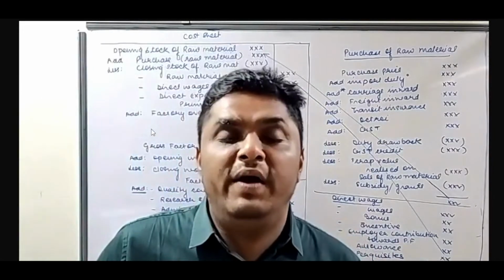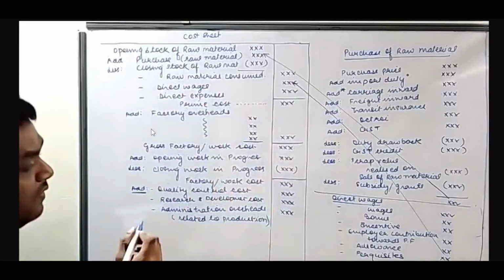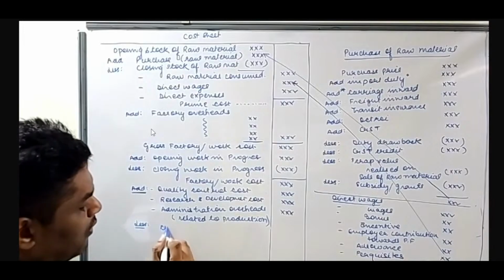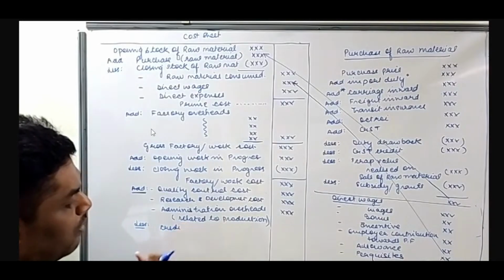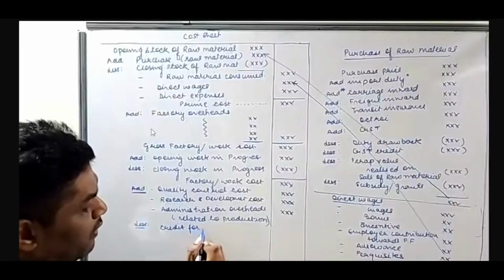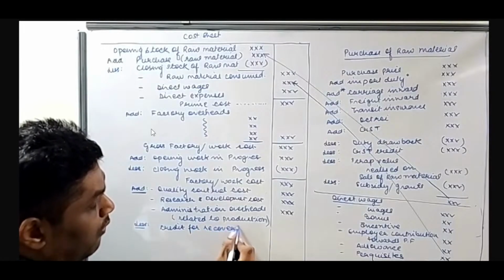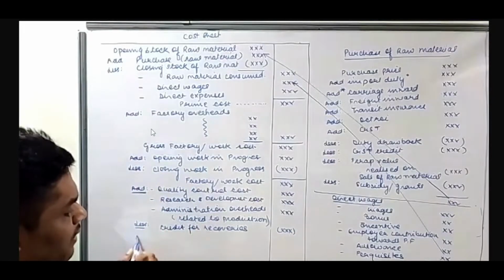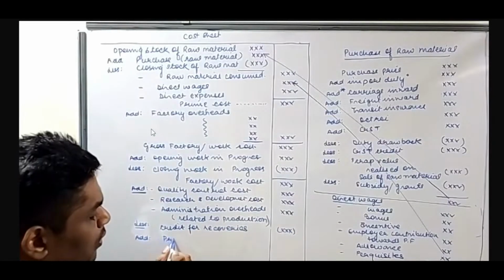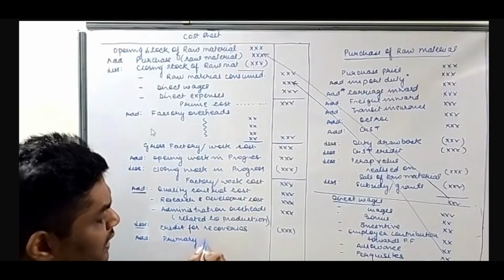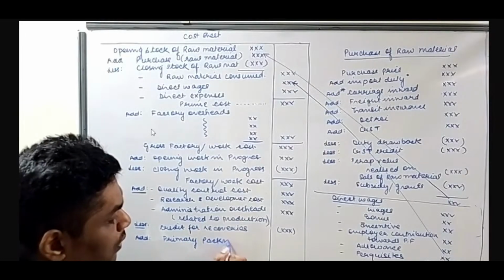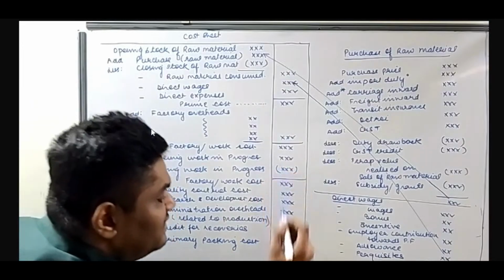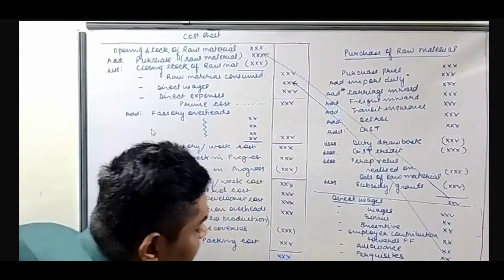Administration overhead related to production. Thereafter, we will subtract credit for recoveries. And lastly, we will add primary packing cost. And after adjusting these items, we will get the cost of production.